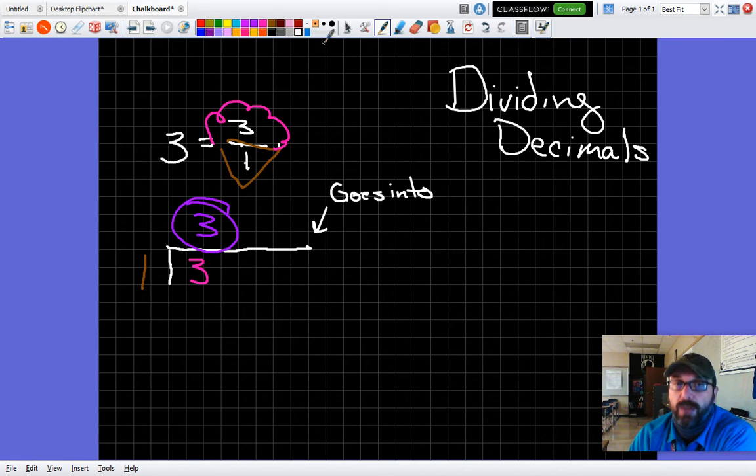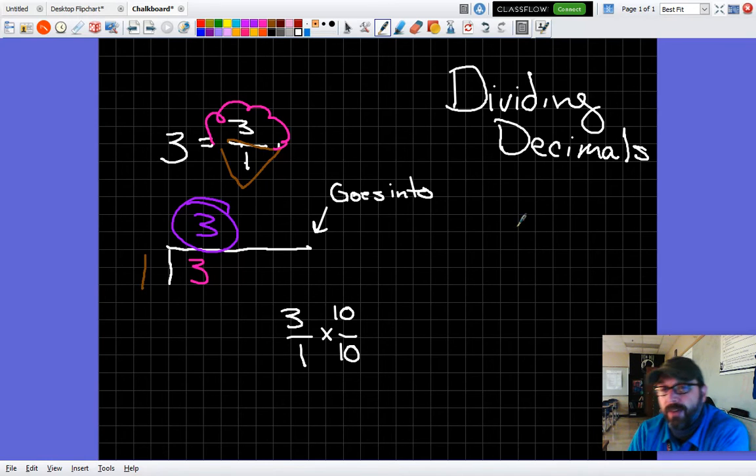Now that we have that, I want to rewrite my 3 over 1 down here. And I want to ask you a question. What happens if I multiply by 10 over 10? Because what's 10 over 10? It's 1. I can put 10 tens into one, or 1 ten into another 10. It's 1.